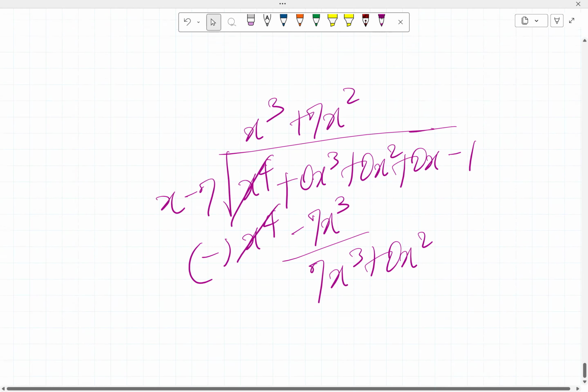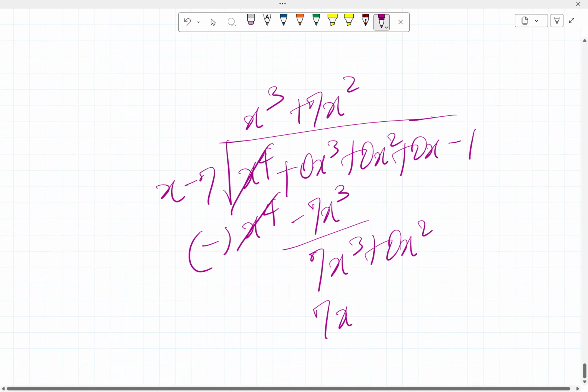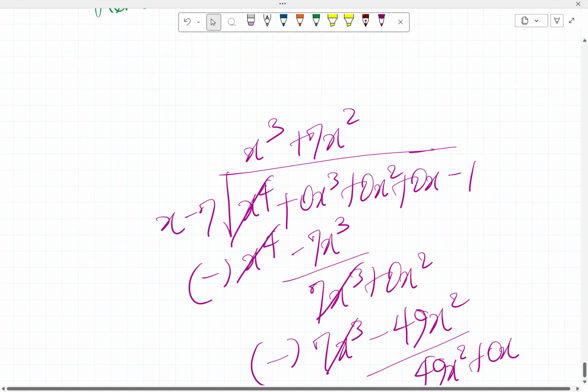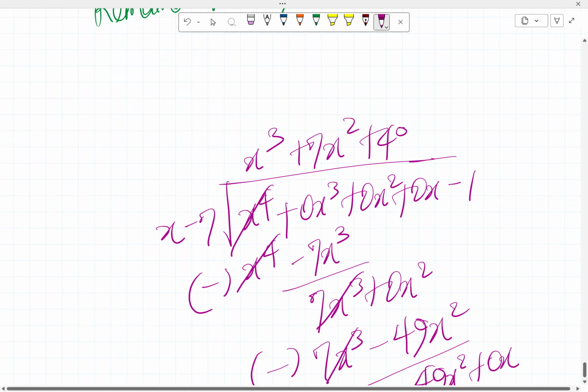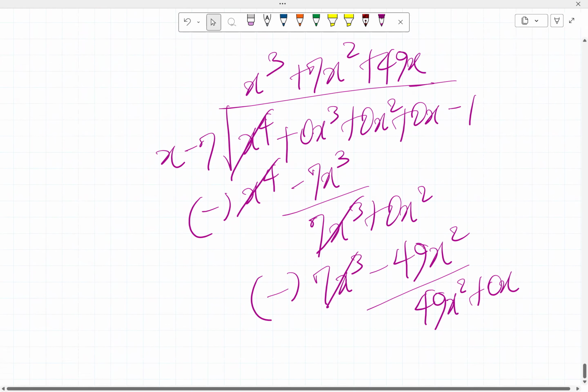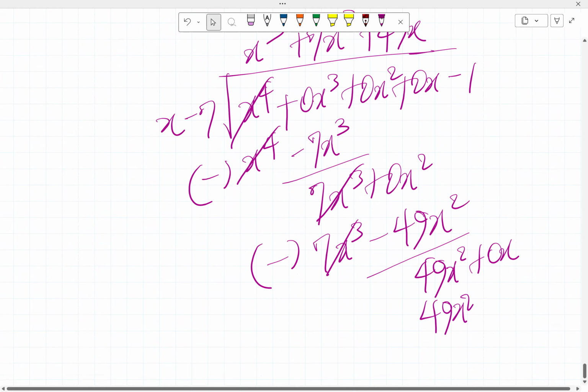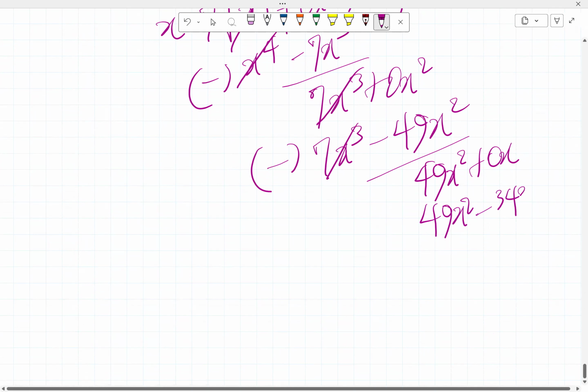So 7x squared times x is 7x cubed. 7 times 7, that's minus 49x squared. Okay, it's making sense. So this cancels out again. We have 49x squared plus 0x. So x goes in 49x squared, that's 49x. So we'll multiply again, that's 49x squared minus 343x.